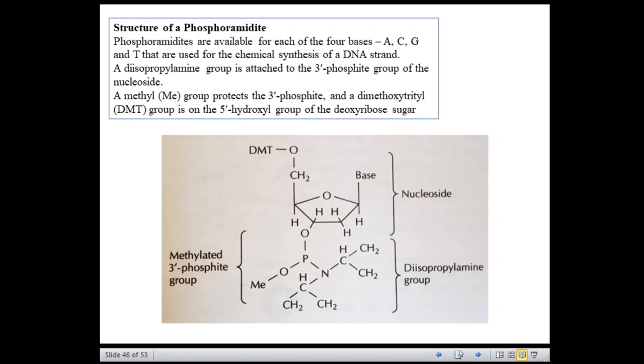After the first nucleoside is attached to the CPG beads, the cycle begins.